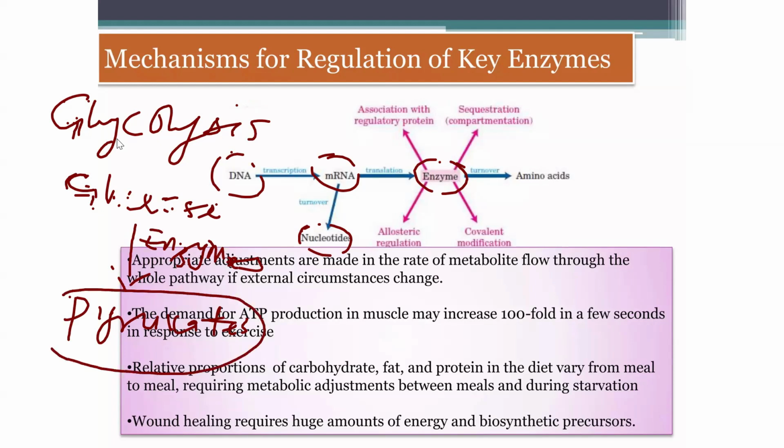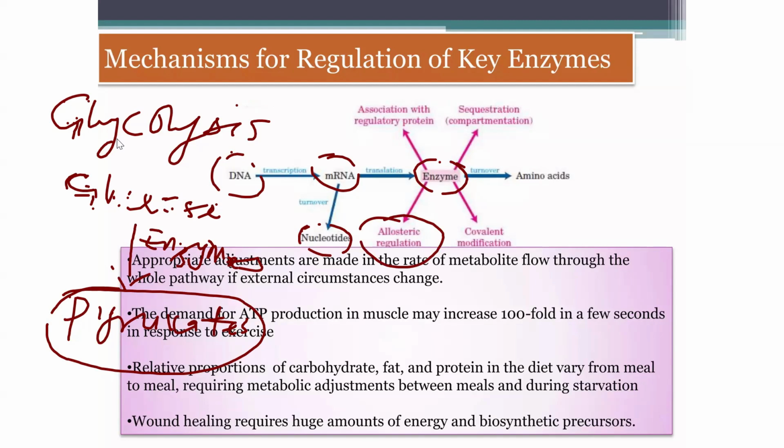To increase the rate of production of pyruvate, you can look at it from the point of view of the enzymes. One, you can use what you call allosteric molecules, or allosteric modulators or activators. Most of the enzymes are allosteric enzymes. It means that they have another site apart from the active site.